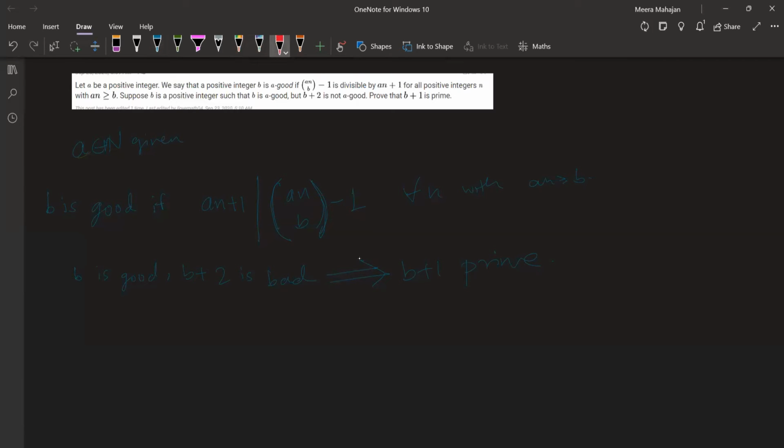I'll just rewrite this. You have this condition is (a_n plus 1) times b factorial divides a_n, minus 1, all up to a_n minus b plus 1.